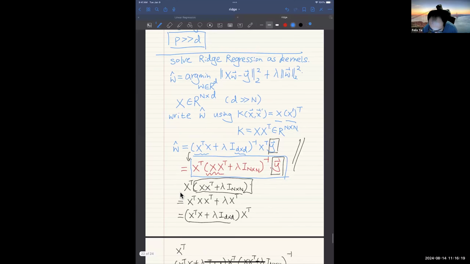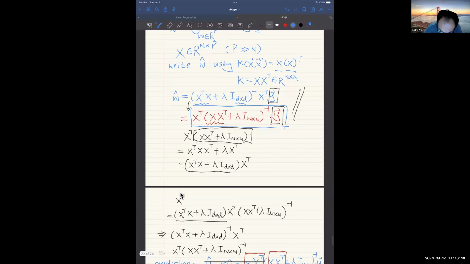What we are actually talking about is p, which is really much bigger, because we already lifted up into high dimensions.